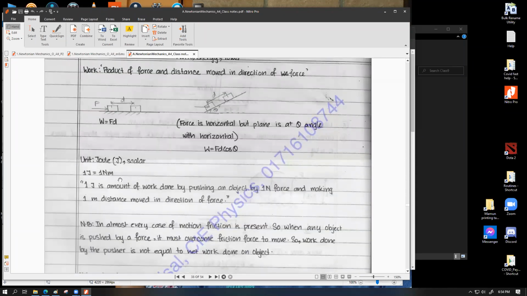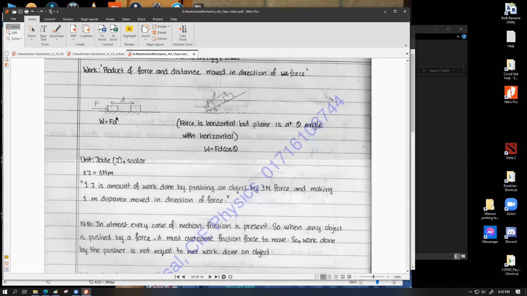So actual work done is force into distance, both of these vector quantities, force and displacement, they should happen in the same direction, in the same alignment. In this case, force is working from left to right on the object. The distance is also happening from left to right on the object. So they are parallel and in the same direction for it to be a positive work.